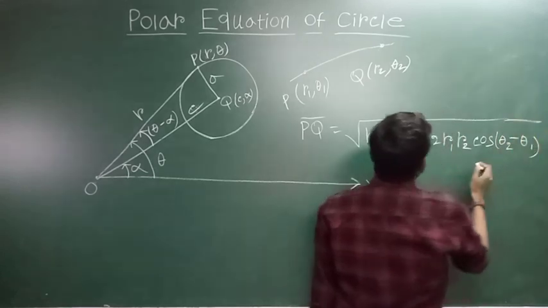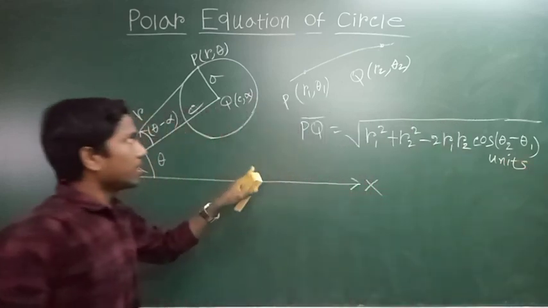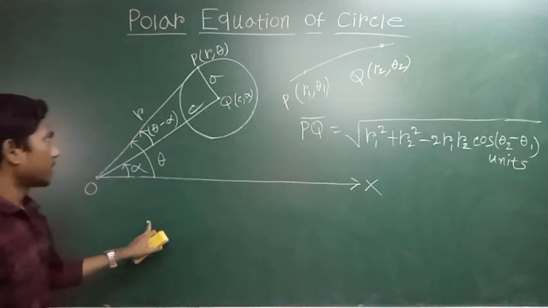This is the distance formula between 2 points in polar coordinate plane.